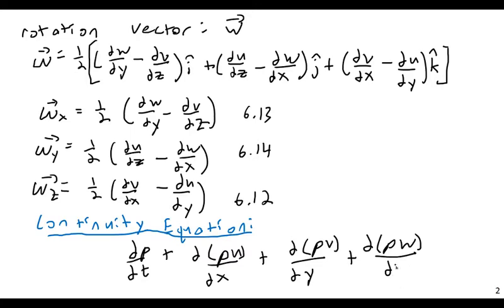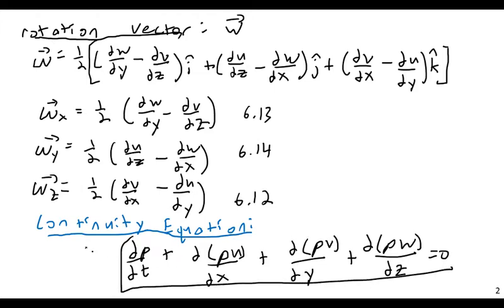All of this is equal to 0. And again, this is just based off of conservation of mass flow, volume flow, etc. Okay, so let's actually see an example of this, how we might start working through some of these, how we might actually make some sense of this.